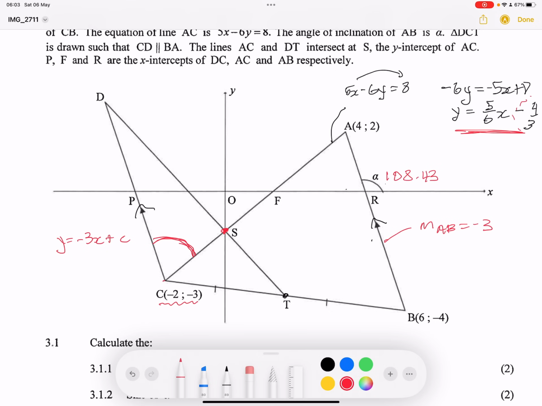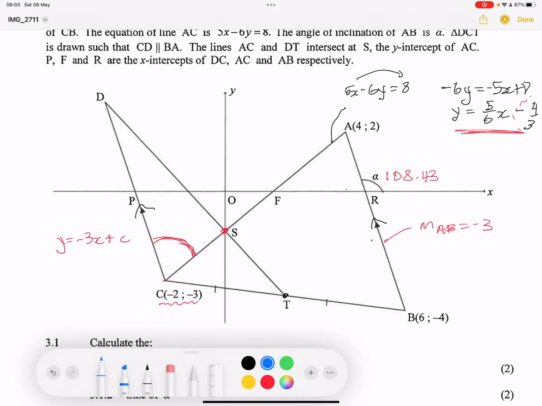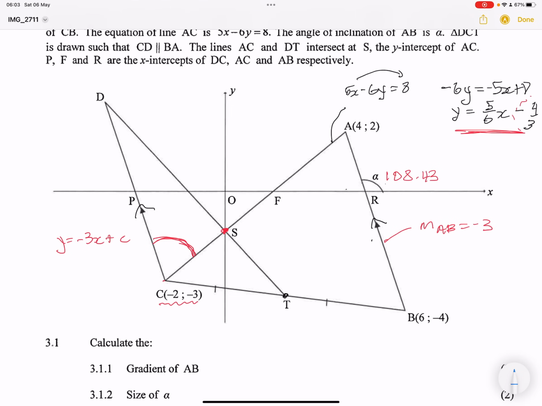They want the size of DCA. Now I'm going to make a plan because I don't have much information around that region. But I want you to think about it, ladies and gents. This is something you always need to keep in mind when you're working with analytical geometry. It still is geometry.